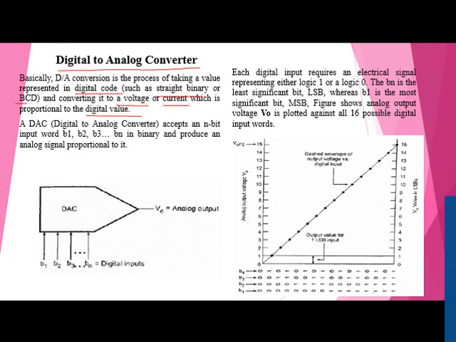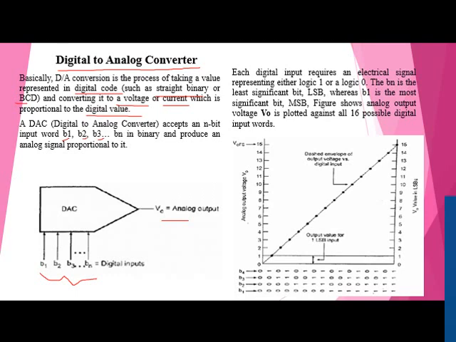Here is the basic DAC block diagram. This DAC can accept an n-bit input word, B1, B2, B3 till Bn in binary, and it produces an analog signal proportional to it.